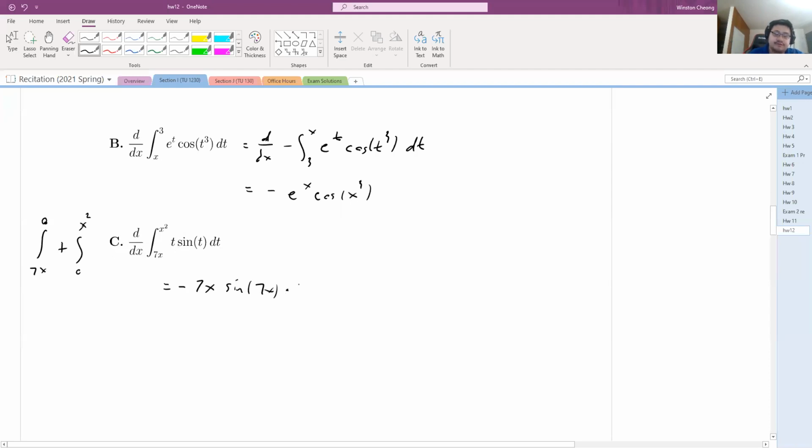But then because of the chain rule that we need to tack on, we need to take the derivative of 7x, which is 7. And so that's the first half of the integral. The second half is going to be taking the derivative of this integral from 0 to x squared. And so what we need to do, well, we plug in, but then we have to multiply by the derivative. So that's the whole thing.